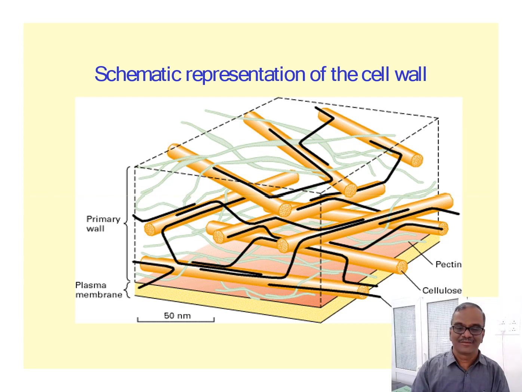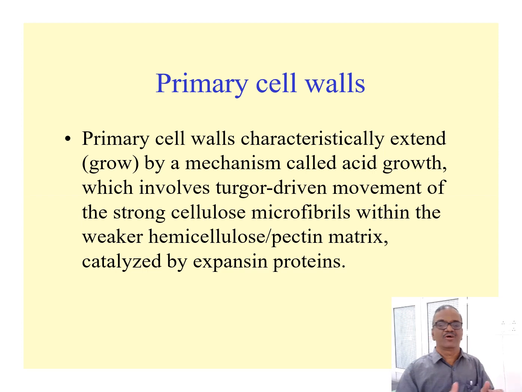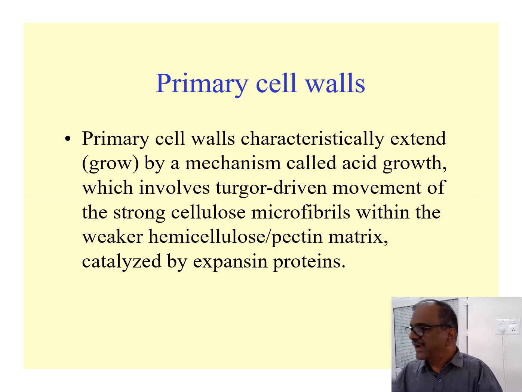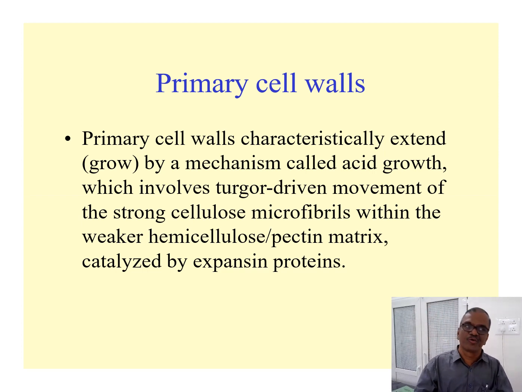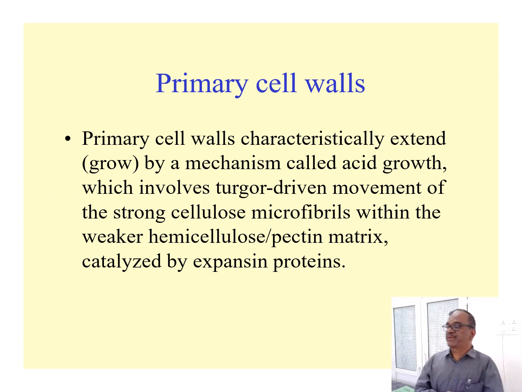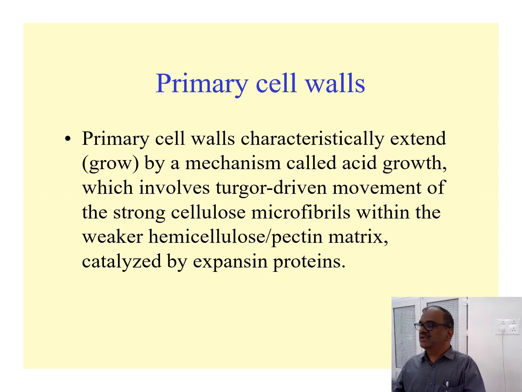Okay, right. Primary cell walls are extended or they are growing. How is it possible? By a mechanism called acid growth. Acid growth mechanism. So already we have seen it in the practical class. If you are watering a plant, they become turgid.